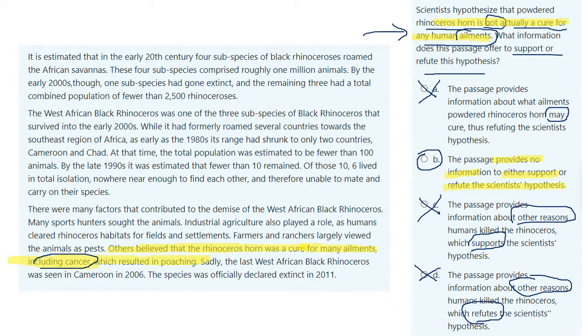So when we're trying to support or reject a hypothesis, we need to be talking about the same topic. So the only answers that you could really choose would be A, which talks about the ailments, or B, there is no information. C and D talk about different reasons, not the human ailments.